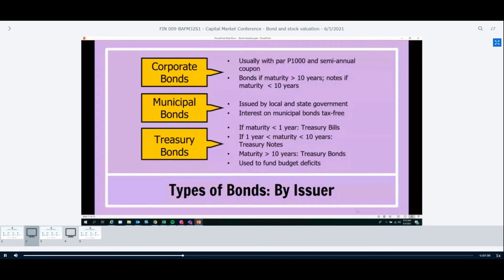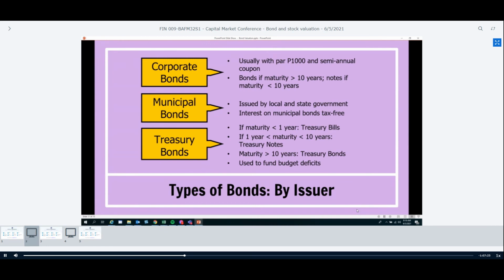Treasury bonds: if maturity is less than 1 year, we call it treasury bills. If 1 year or more but less than 10 years, we call it treasury notes. So they're like treasury bonds, no? There's just a distinction in terms of maturity.